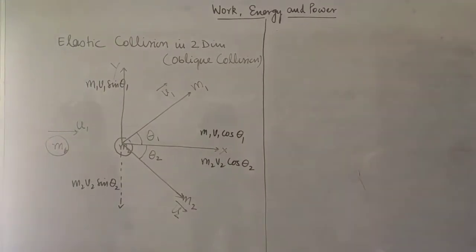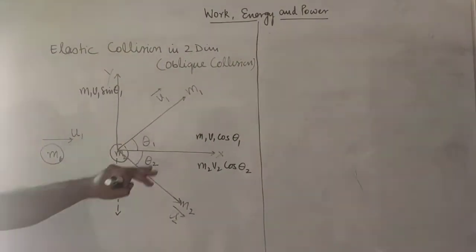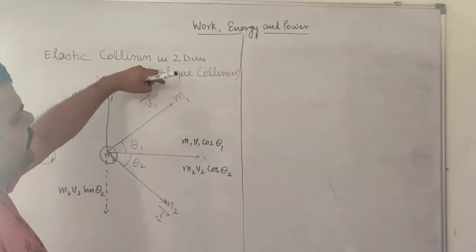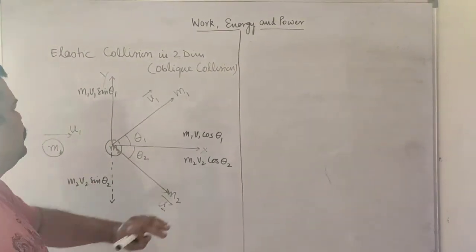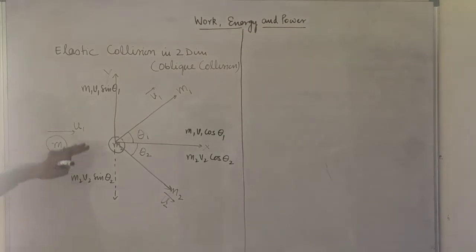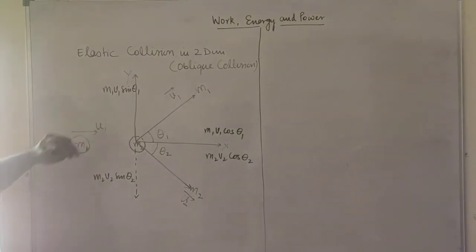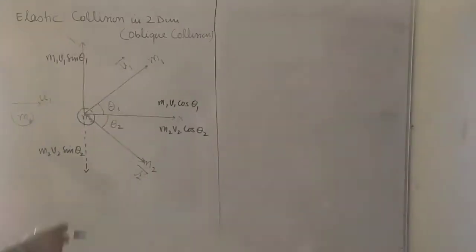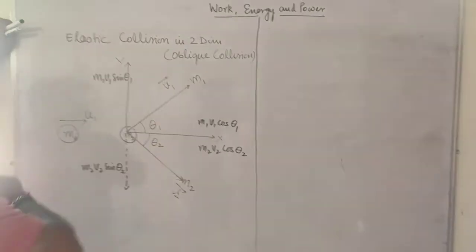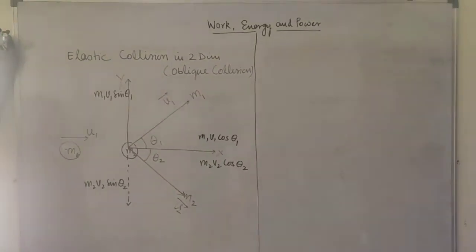So now I will follow conservation of, you have got the components. This one is the horizontal component of m1 v1, this is the horizontal component of m2 v2, this is the vertical component of m2 v2, and this is the vertical component of m1 v1.